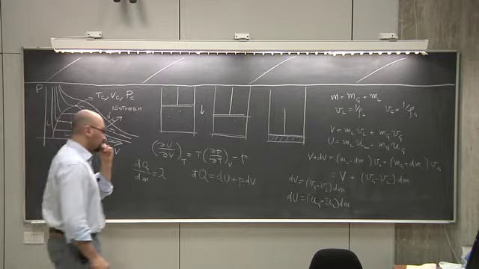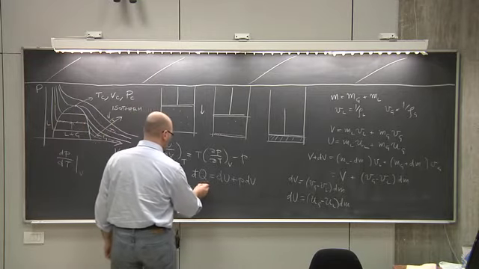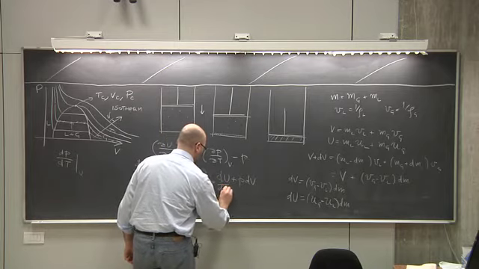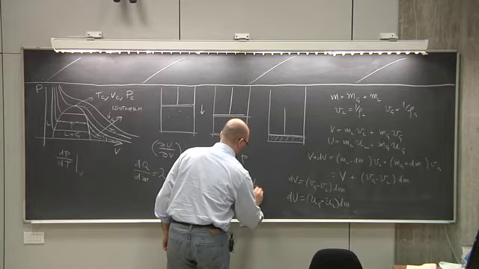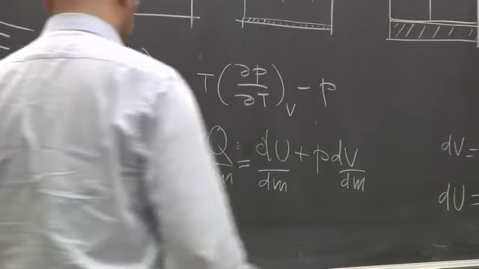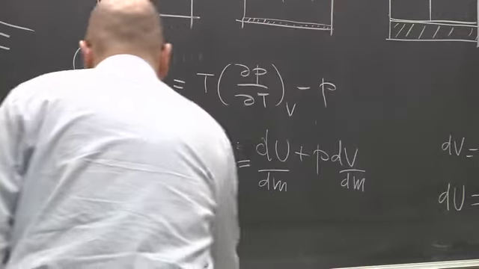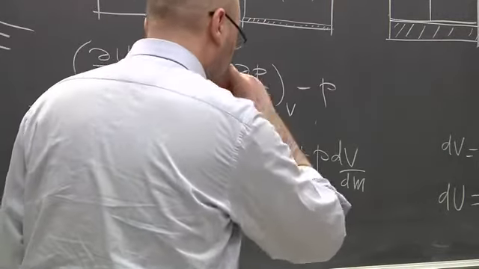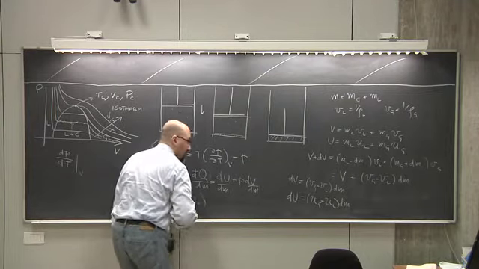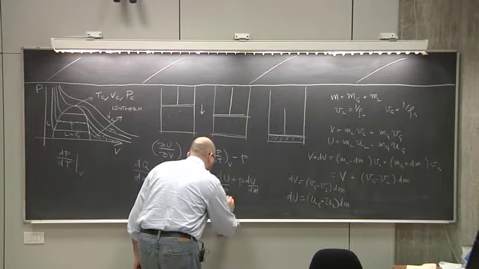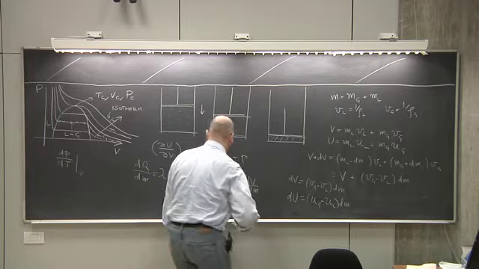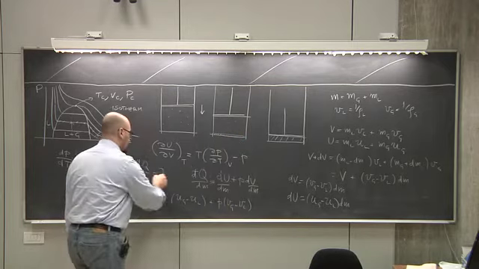So dq over dm is equal to dU over dm plus P dV over dm. And therefore, this thing is UG minus UL plus P times (VG minus VL). And we say that this is equal to lambda.